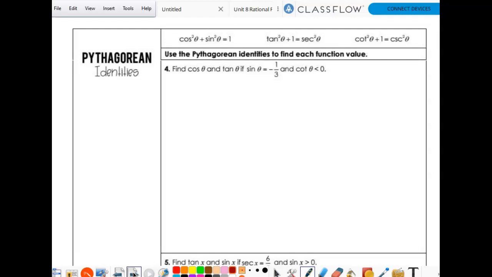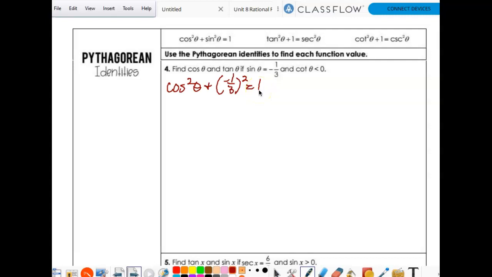So first of all, I need something that has sine and cosine in it. But that's it, because I only have sine. So is there a formula up there that would have sine and cosine together? Right? The cosine squared plus the sine squared equals 1. So I'm going to go ahead and substitute my sine squared in. So I'm going to have cosine squared of theta plus negative 1/3 squared equals 1.